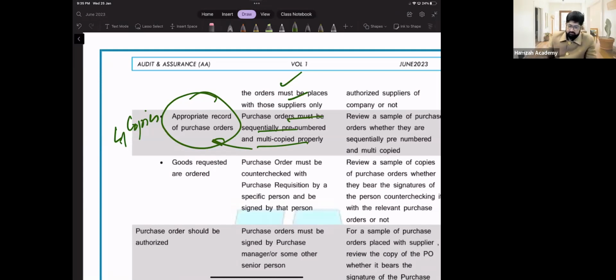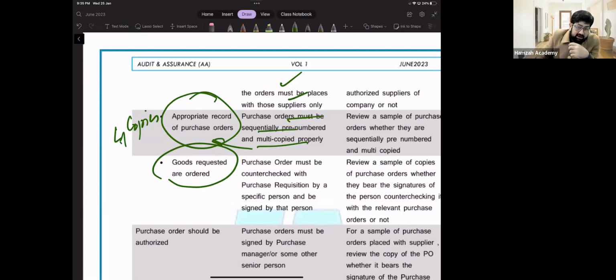Next. So goods requested are ordered. What the purchase requisition received, that order should be placed for that.